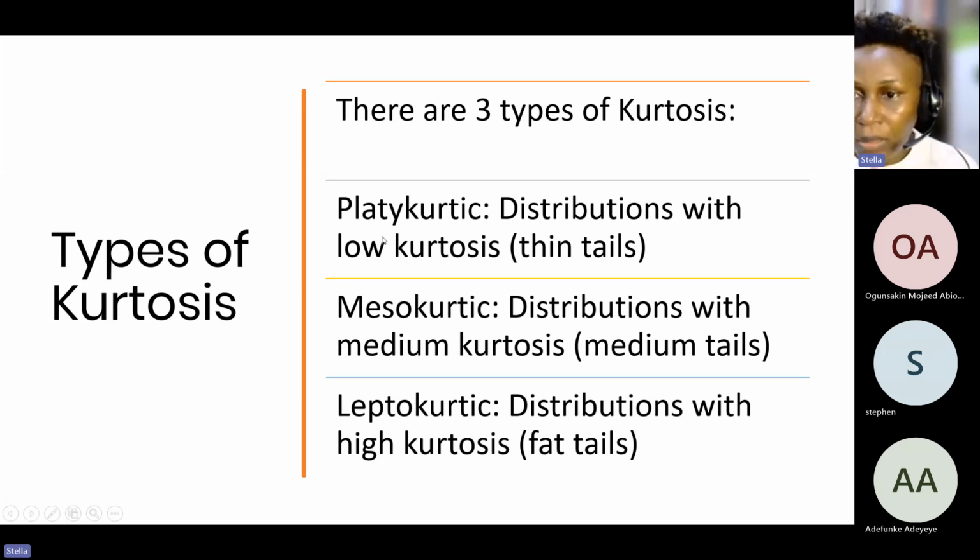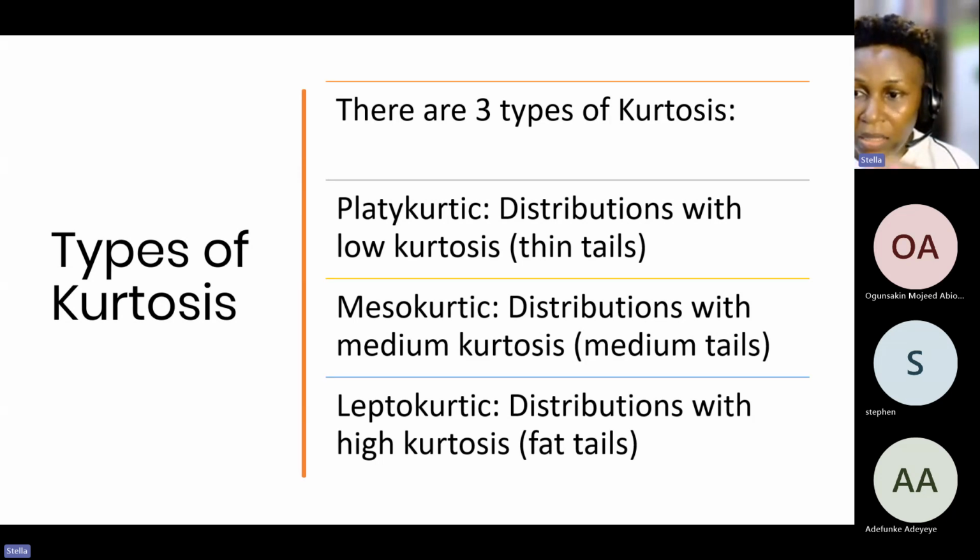So for a platykurtic, the distribution has low kurtosis, which means that the tails are thin. You don't have so many outliers. You don't have so much variability in the data. That is platykurtic. The distributions with low kurtosis have thin tails. Do you get? Thin tails.